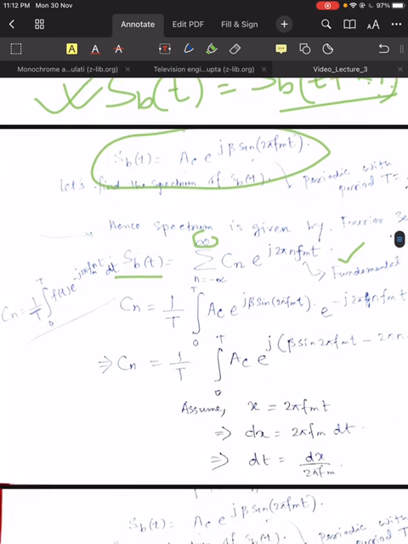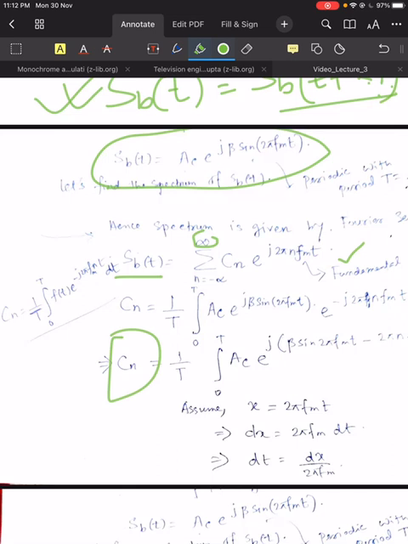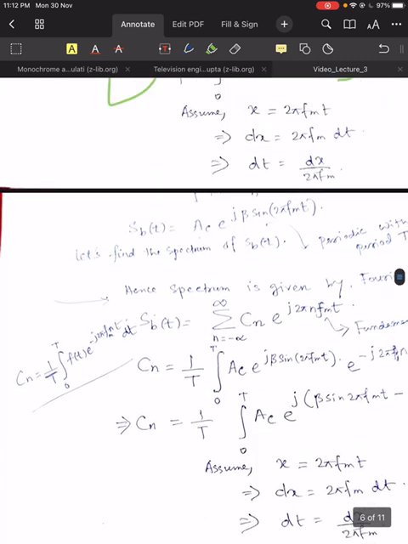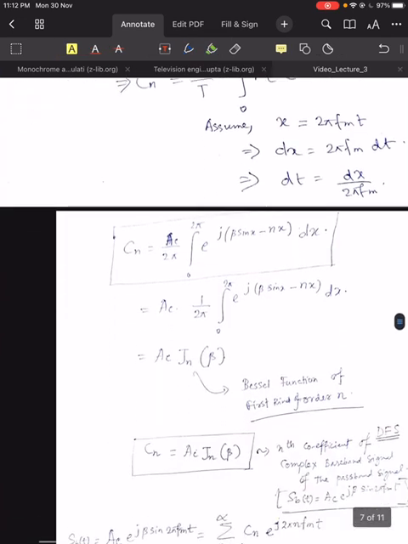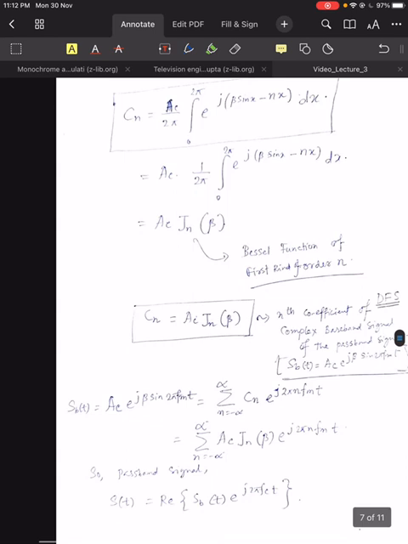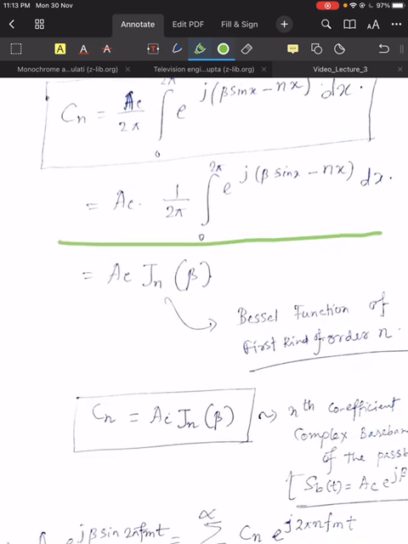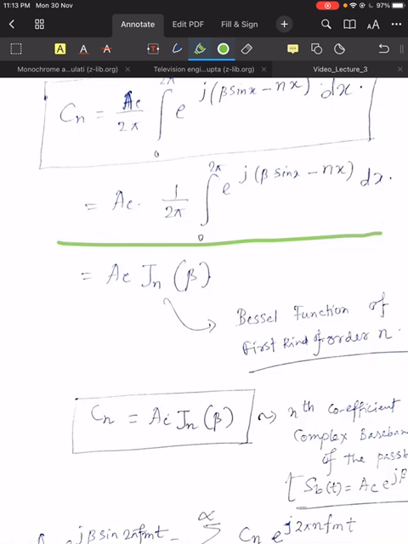With a little bit of mathematics, using the discrete Fourier series equation, we can end up getting the expression of C_n: C_n equals A_c into 1 by 2π, integration over 0 to 2π of e to the power j (β sin x minus n x) dx.